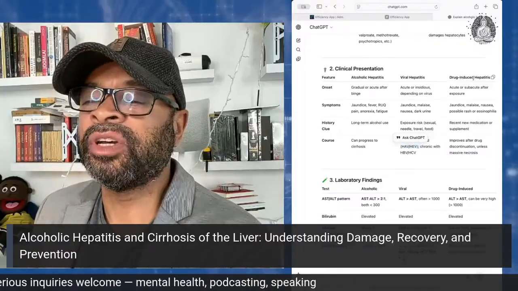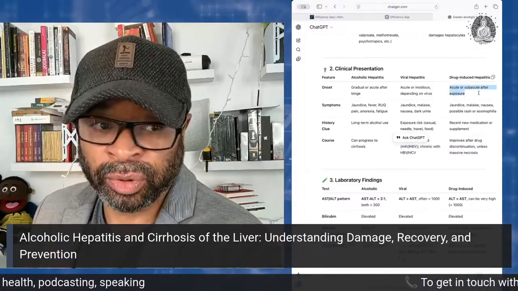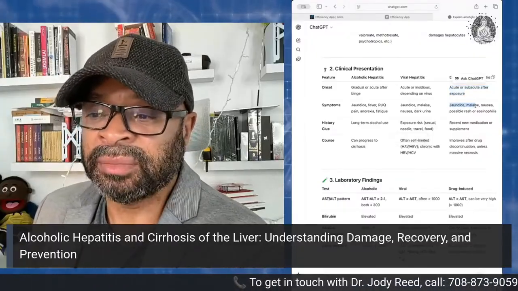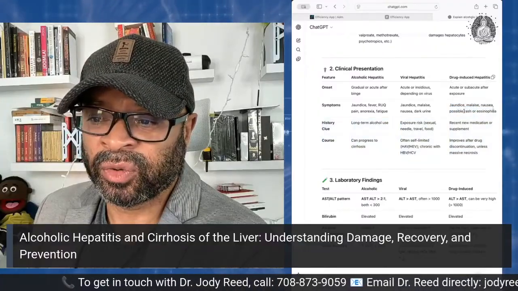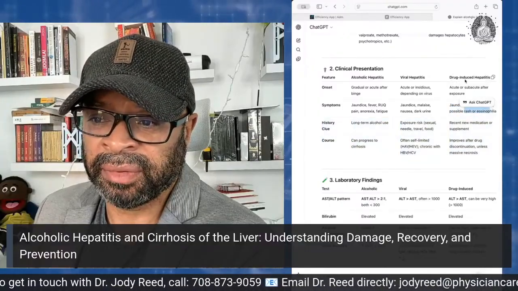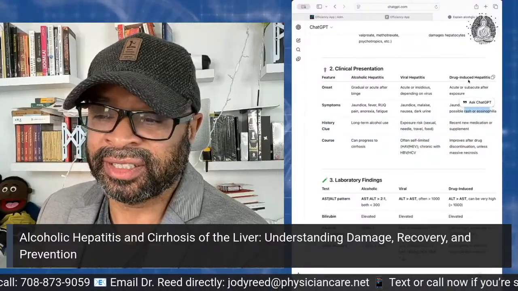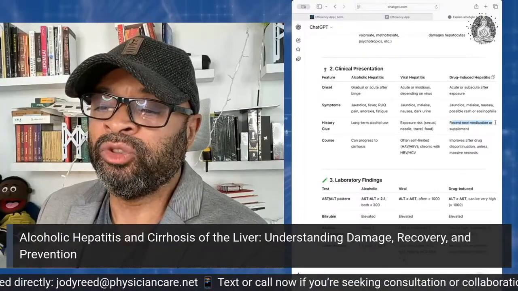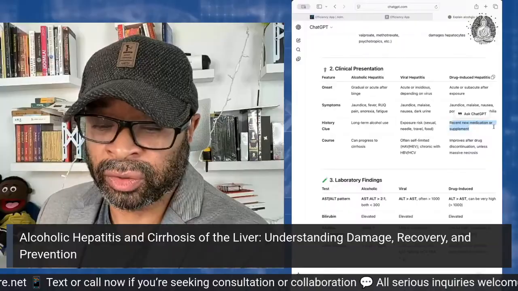Now drug-induced hepatitis: acute or subacute after exposure. So you get the hepatitis after you use the drug. Jaundice, malaise, nausea, possible rash, and eosinophilia, because the rash and eosinophilia may come as a reaction to the drug or the substance that the drug is coated in. History: recent new medications or supplements, or an overdose.